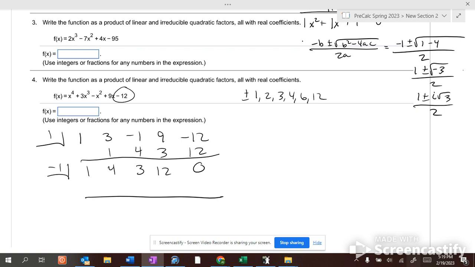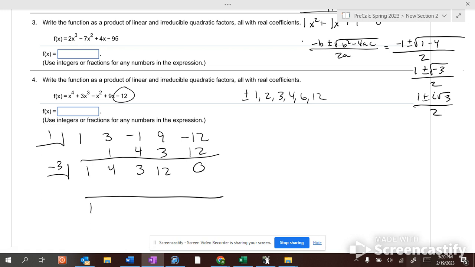So let's try negative 1. So 1, negative 1, 3, negative 3, 0. That doesn't work. So then let's try negative 2. 1, negative 2, 2, negative 4, negative 1, 2. Not quite, but we're getting closer.